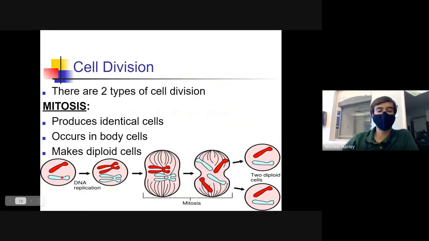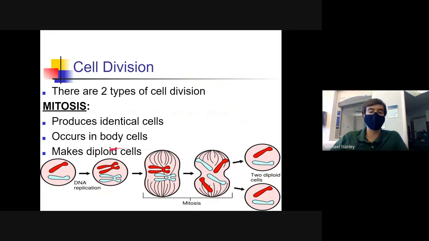So you start off with a cell with 2 copies of every chromosome. It replicates the DNA, it splits it apart, and then you end up with 2 cells with 2 copies of every chromosome. So they're identical to each other, they're identical to the original cell. You basically have just made a simple copy. That is what mitosis is all about.